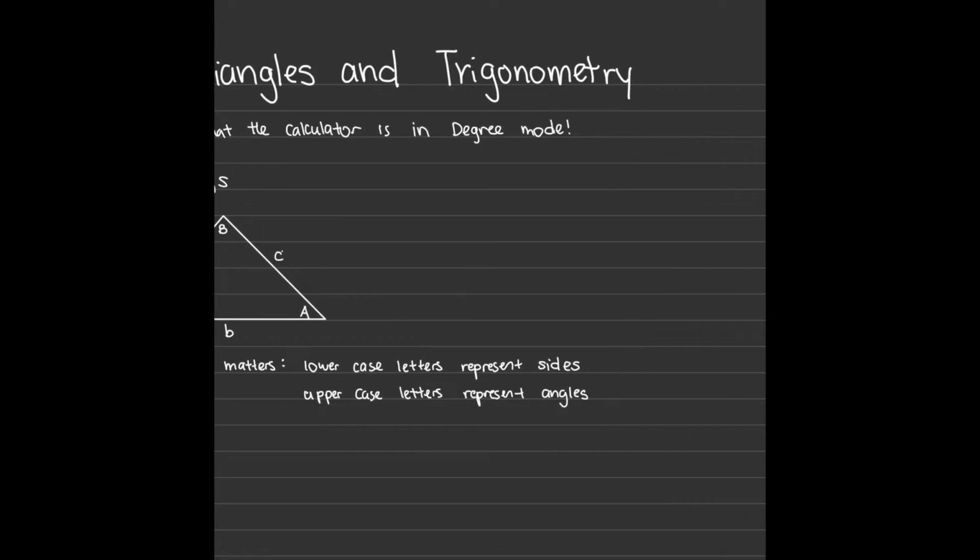If you have a right triangle though, so this time if I draw a right triangle, that means that this is my right angle, so I can denote it with that little square.